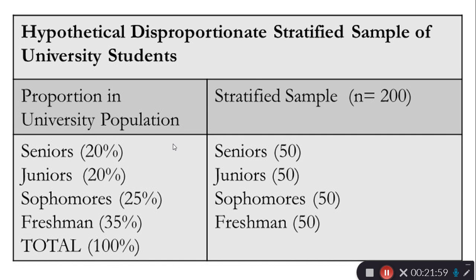Let's say we don't care about the proportionality. What may be most important for us is that we have an equal number of individuals in each group. So we're completely ignoring this idea of proportionality, and we are simply seeking to evenly distribute our cases into each stratum. This would be more of a disproportionate stratified sampling approach.